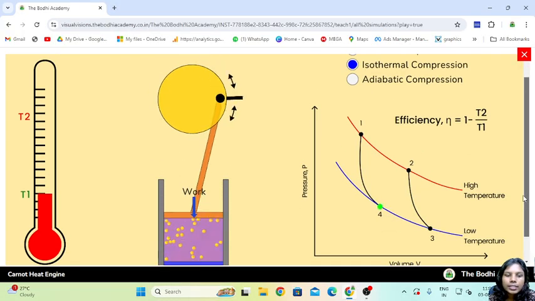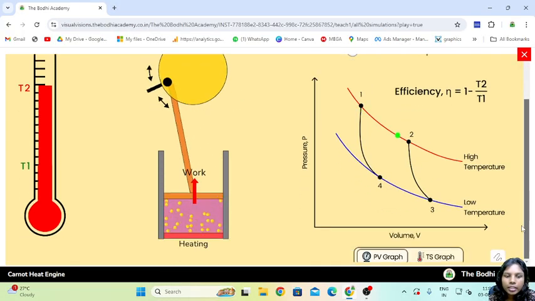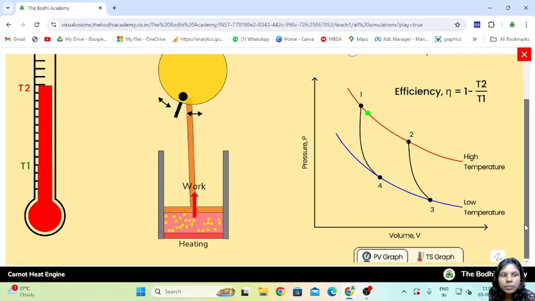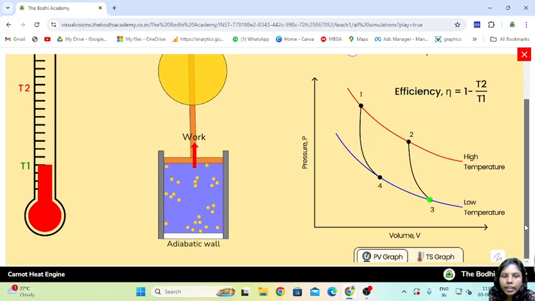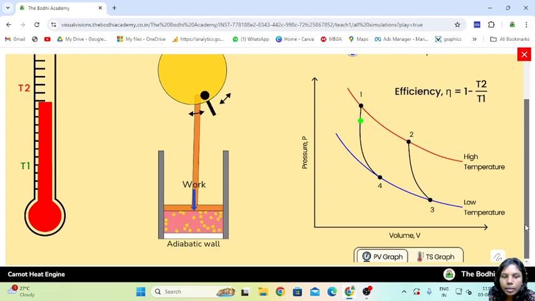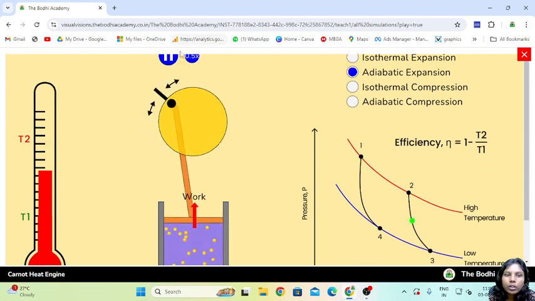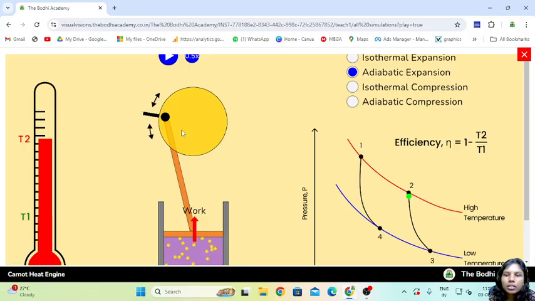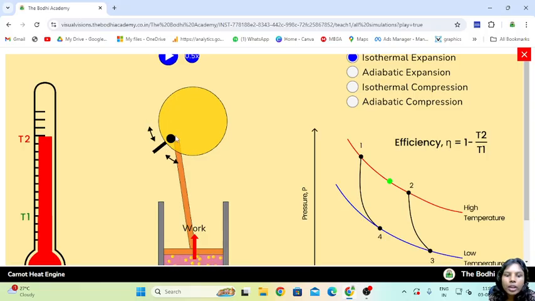So, there is some kind of work that is being done on a system, and there is repeated compression and expansion that is taking place. Now, if we look at the first one, we have the isothermal expansion.